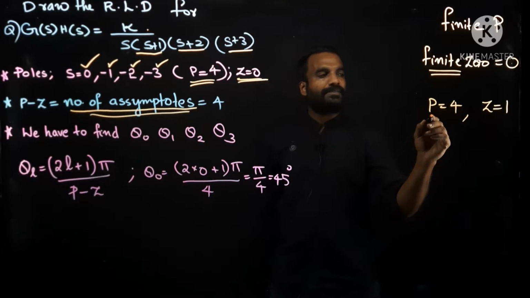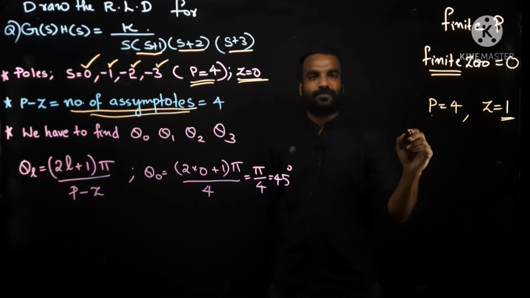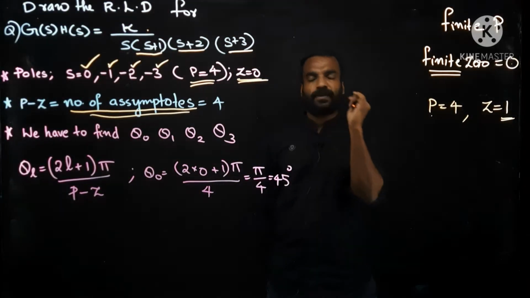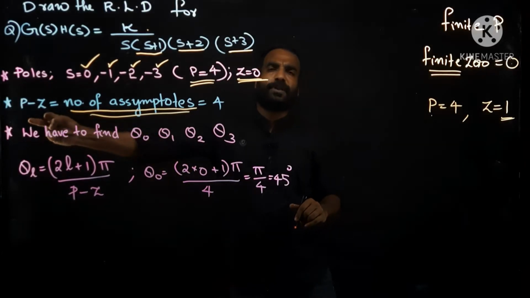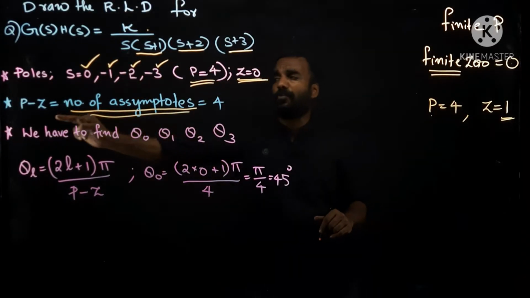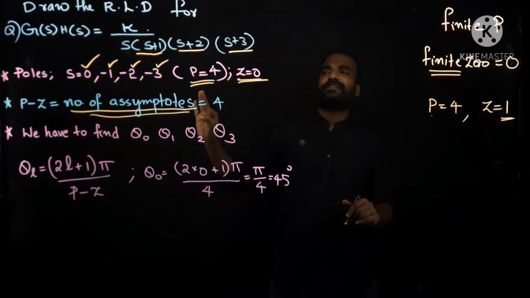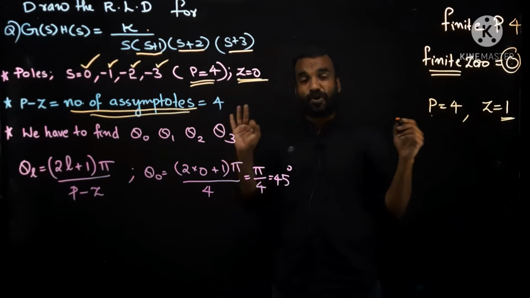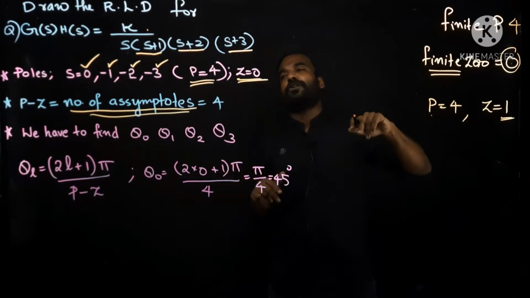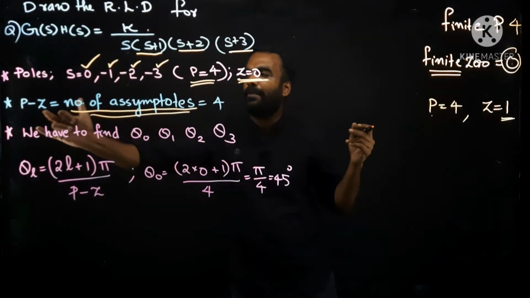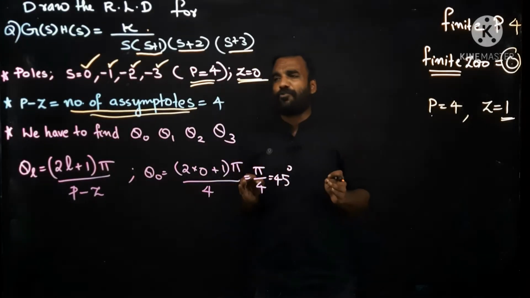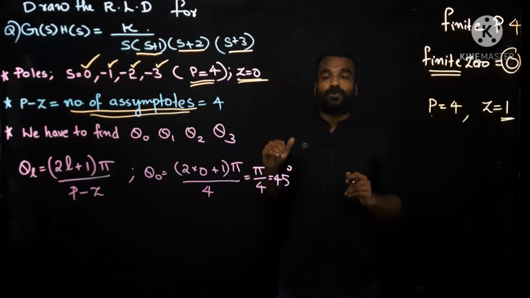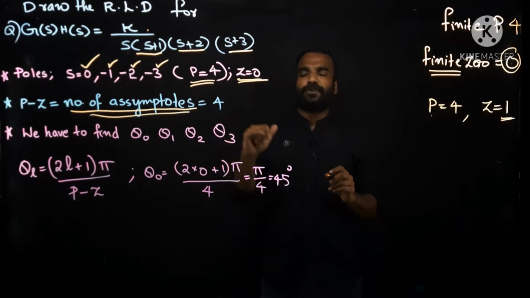One pole has its own finite zero. But what about the other three? They have to travel up to infinity. Like that, the number of asymptotes is always determined by the number of poles minus the number of zeros. In our example, we have 4 poles but no zeros, so all the 4 poles have to travel to infinity. So P minus Z, the number of poles minus the number of zeros, gives the number of asymptotes. So we have 4 asymptotes.